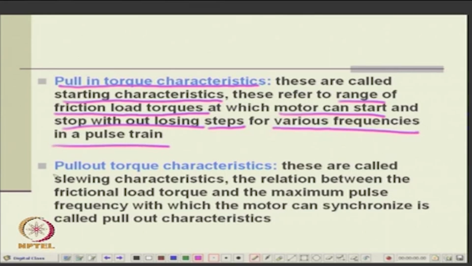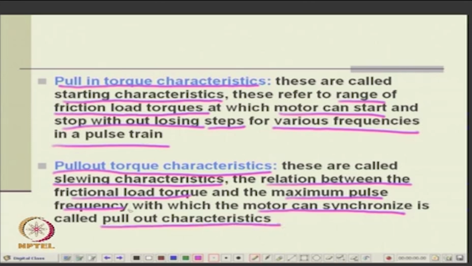These are the things it pulls in, and it is very stable. Pull out characteristics are also called slew characteristics, which is the relation between the frictional load torque and the maximum pulse rate at which the motor can synchronize. It can synchronize, but beyond which it cannot go. This is called the pull out characteristics.